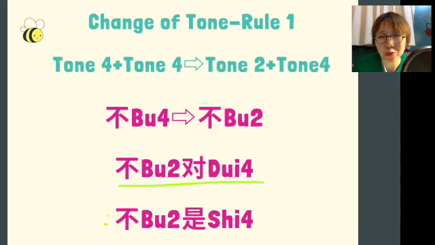Don't you feel it's a little weird or hard to pronounce? That's why we change it from fourth tone to tone 2. 不对, 不对. Similarly, 不是, 不是. So 不对 means not right. 是 is a B, M is R. So am not, is not, are not are all translated into 不是 in Chinese.